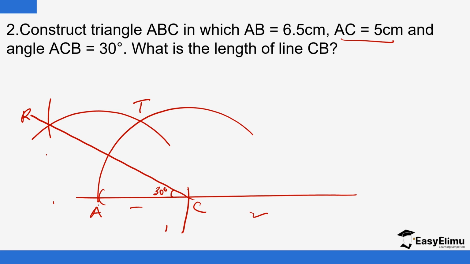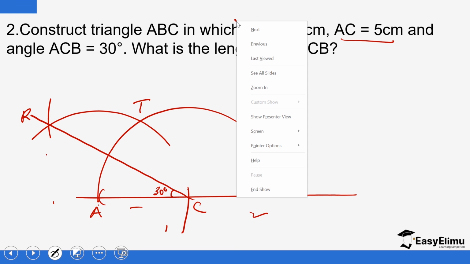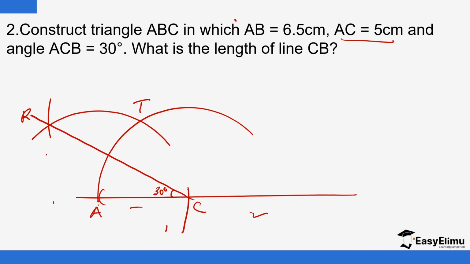And then the length given, AB, is 6.5, so 6.5 from A to where B is. It means we'll have to extend the line to help us get B. So that is where B is.